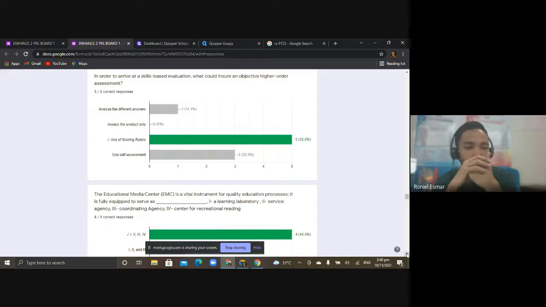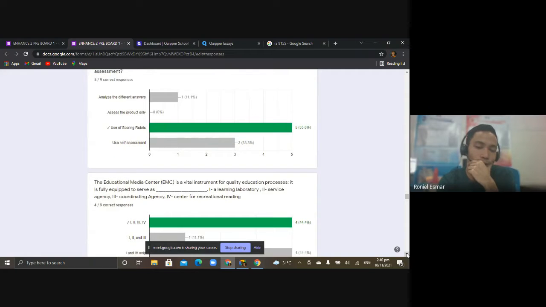The Educational Media Center, or EMC, is a vital instrument for quality education processes. It is fully equipped to serve as what? Number one, a learning laboratory. Number two, service agency. Number three, coordinating agency. Number four, center for recreational reading.